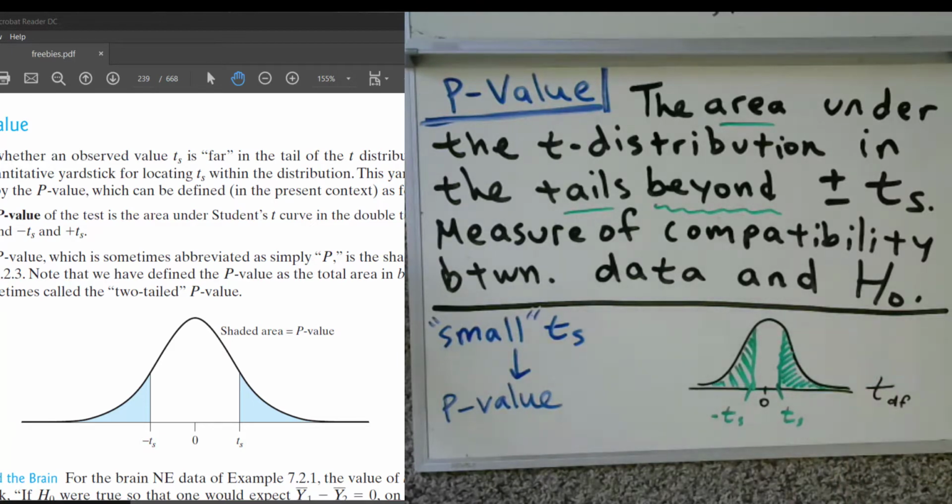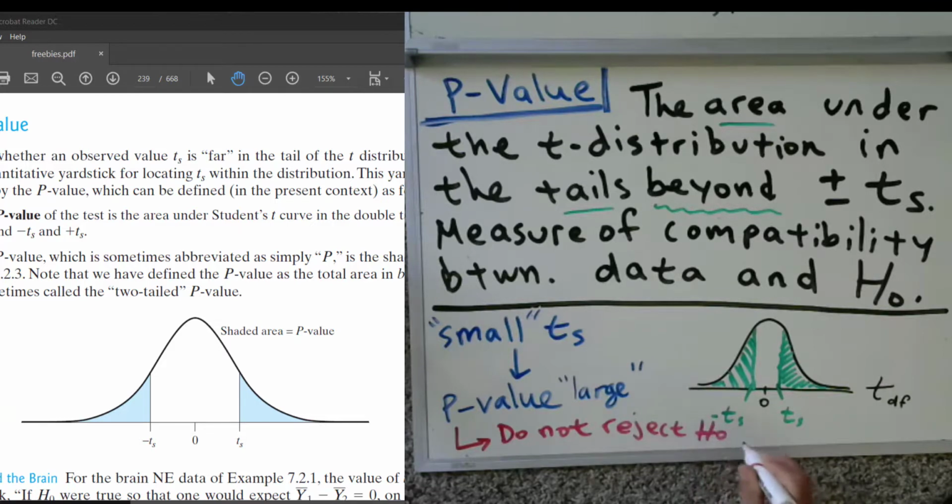So in general, a small test statistic will get you a p-value that is kind of large. And that large p-value, if you rewind or refer back to your notes, this is a conclusion of do not reject the null hypothesis. This is a lack of evidence for the alternative hypothesis.